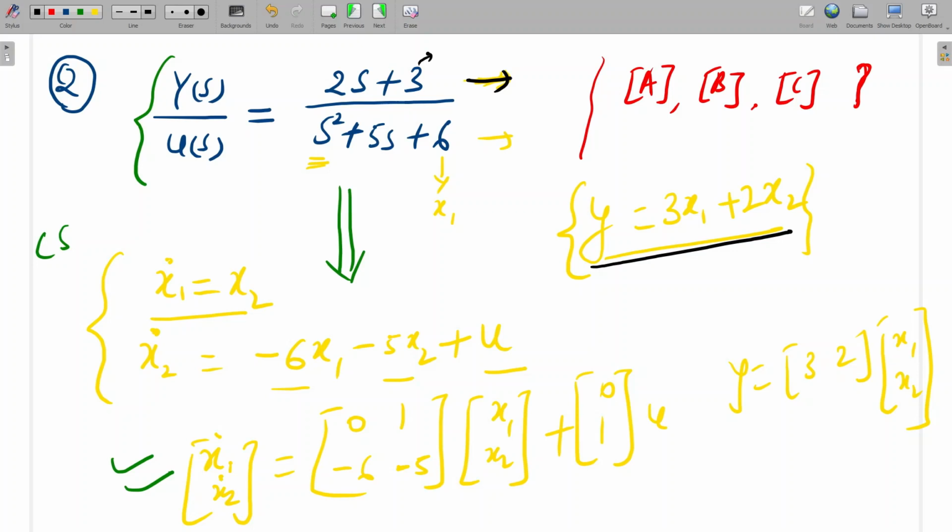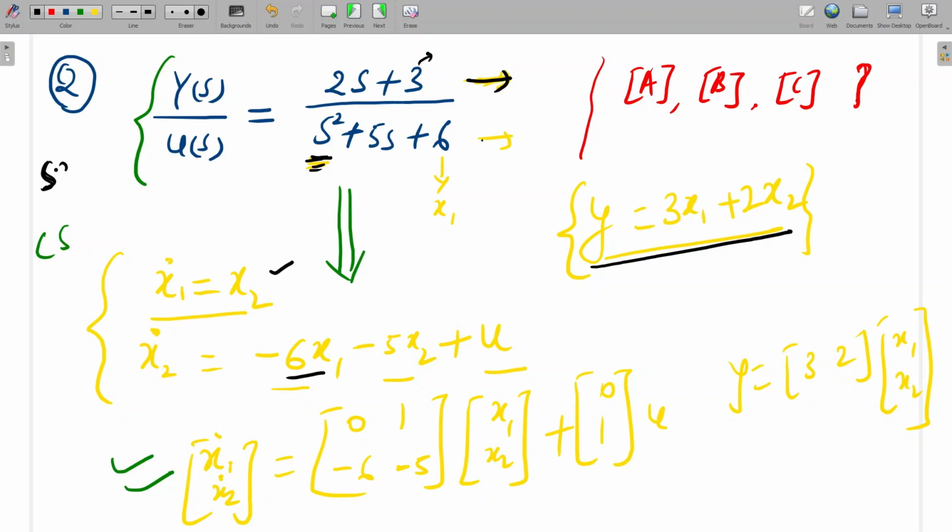The constant will be with x1. So s represents d by dx. So this is x1 dot. So x1 dot I am assuming as x2. So s square will be x1 double dot, that is x2 dot. So x2 dot will be minus 6x1.